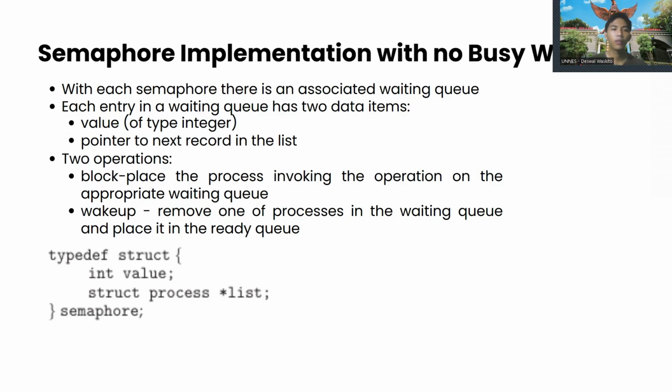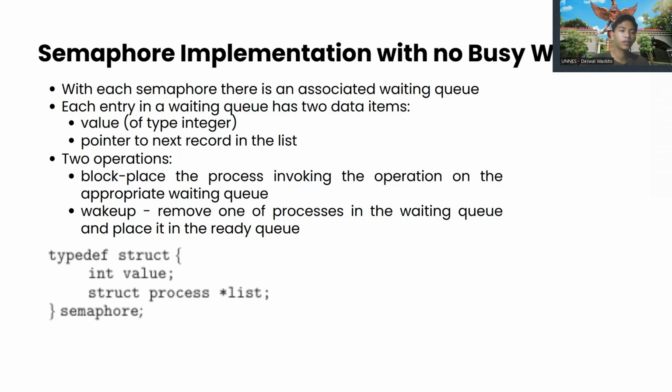Okay, semaphore implementation with no busy waiting. With each semaphore, there is an associated waiting queue. Each entry in a waiting queue has two data items: value, the data type is integer, and a pointer to the next record in the list.